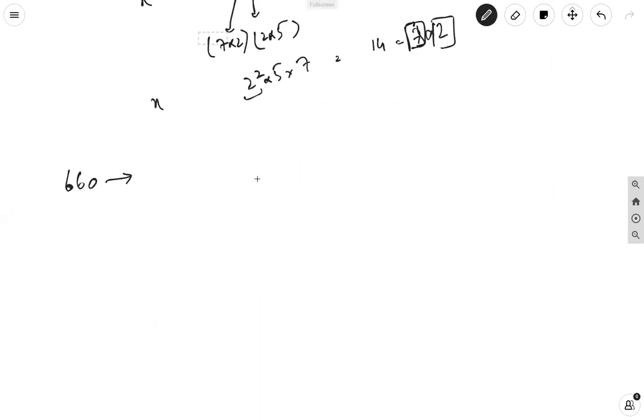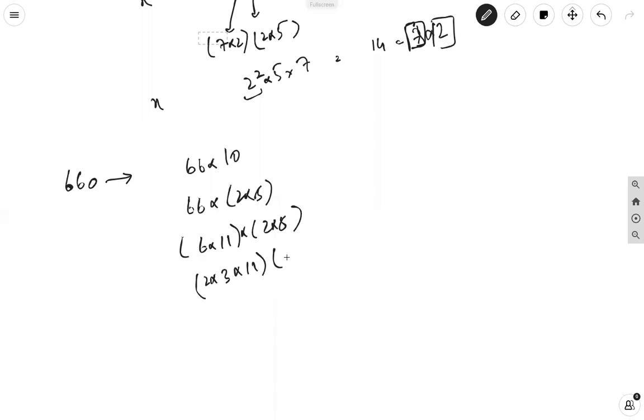So what is the prime factorization of 660? 66 into 10, which is 66 into 2 into 5. This is 6 into 11 into 2 into 5. This is 2 into 3 into 11 into 2 into 5. So this will be 2 square into 3 into 5 into 11, right?